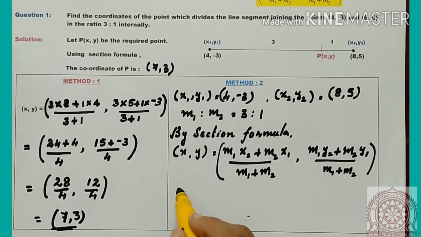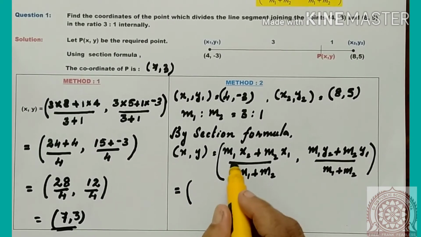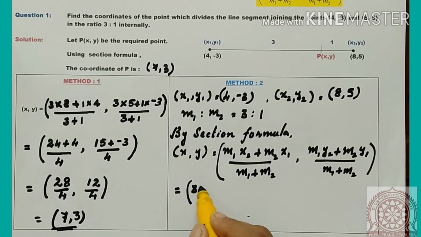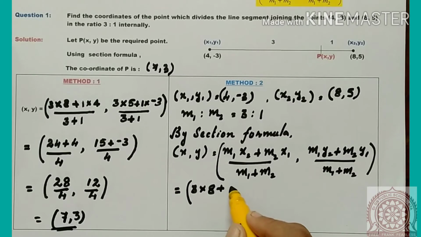Now I am going to substitute values here. What is the value of m1? m1 is 3 into x2 is 8 plus m2 is 1 into x1 is 4 divided by m1 plus m2 is 3 plus 1, comma.